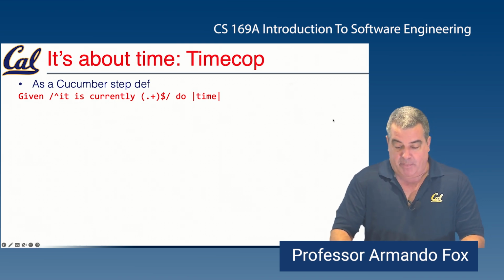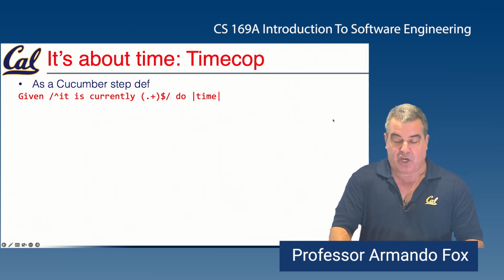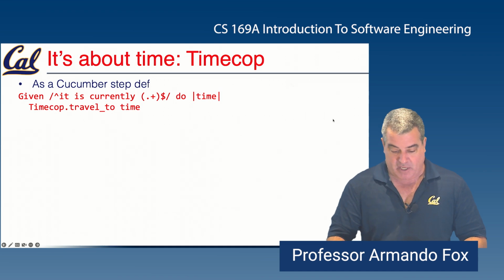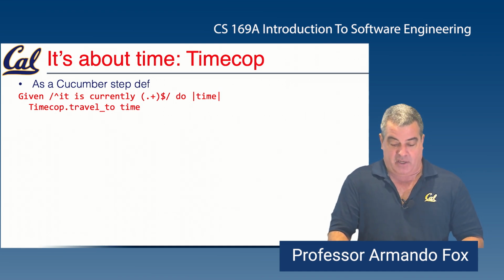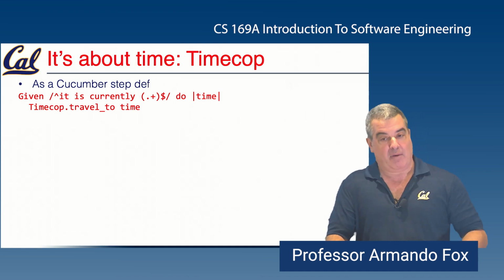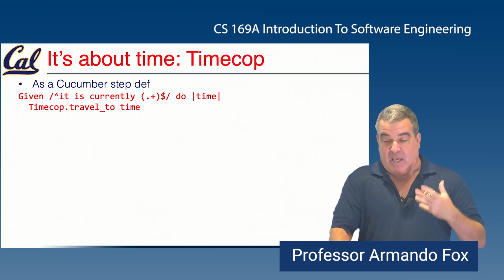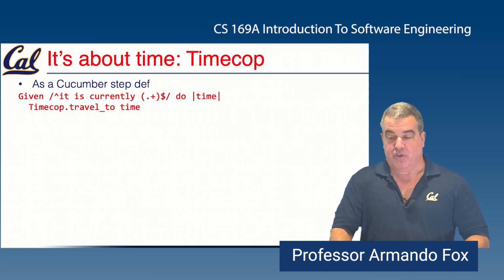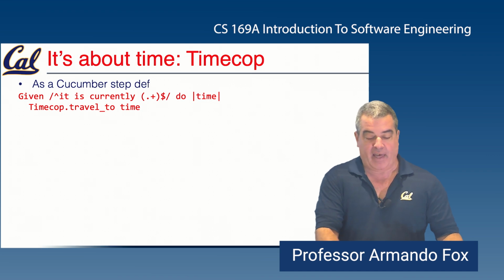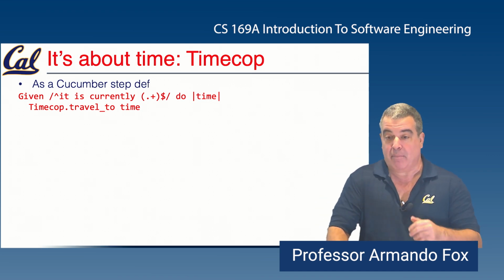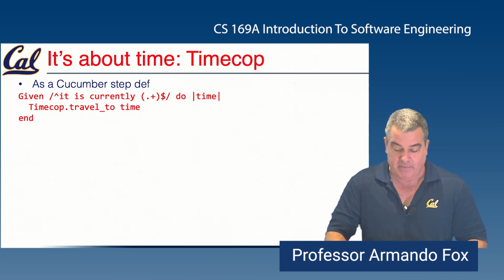I might write a step that allows me to say something like, given it is currently, and I could specify some date and some time, and then I just tell TimeCop to time travel to that point. Any code after that in my test is going to behave as if that were the date. So if it tries to get the system time, it's going to get my fake date, not the actual time of day.